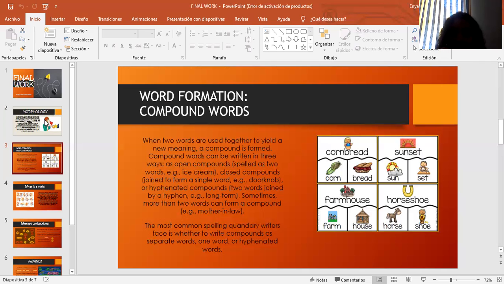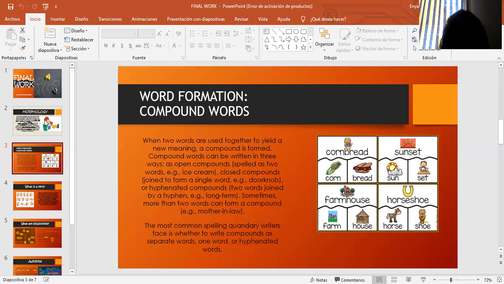For example, we can find words like notebook, Superman, fireman, and there are other words, of course, like you can see in the examples on the screen, like sunset, farmhouse, etc. There are a lot of examples.